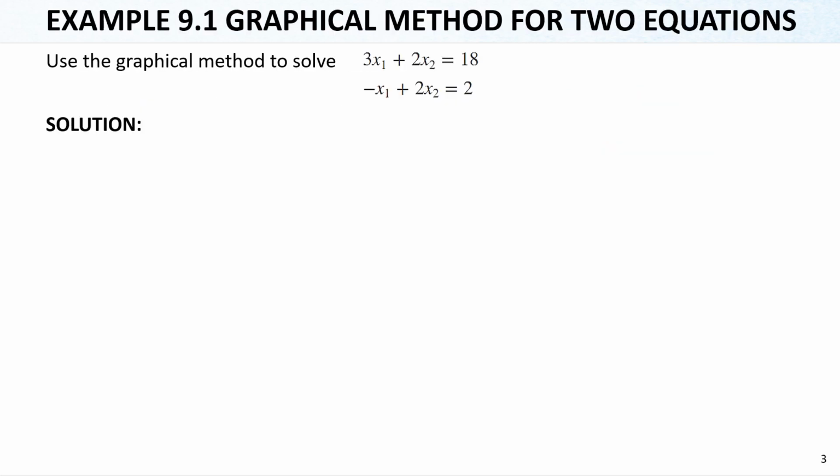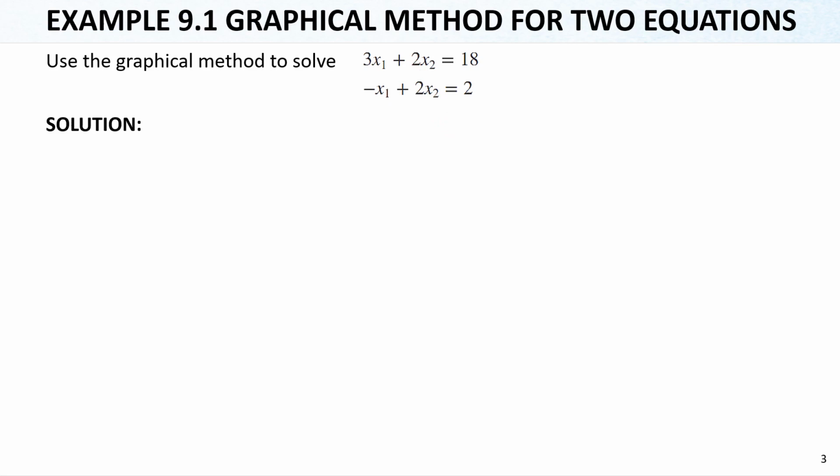In this slide, we will solve an example to learn about the graphical method for two equations. Here you can see the equations. One is 3x1 plus 2x2 equals 18. Another one is minus x1 plus 2x2 equals 2. To use the graphical method, we will simply isolate one of the unknowns in both equations, here x2.